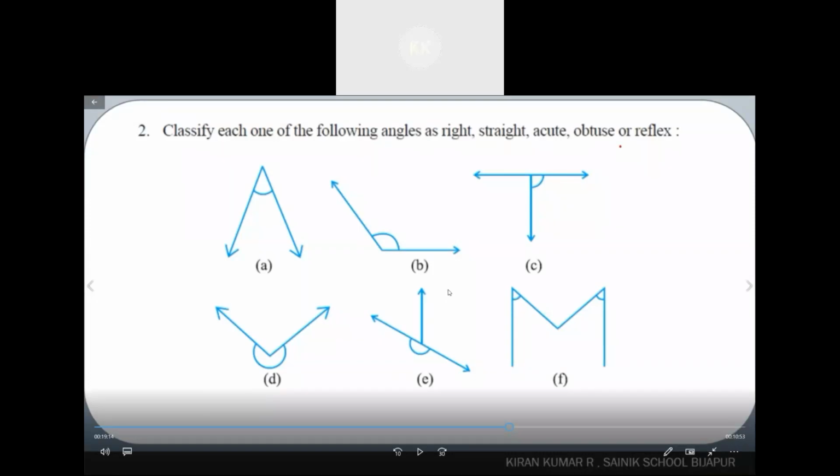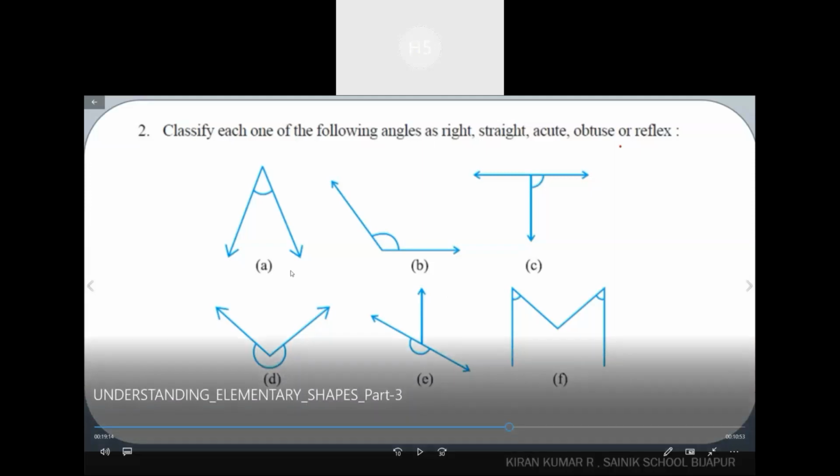A straight angle is 180 degrees. An angle of 90 degrees is a right angle, and 180 degrees is a straight angle. More than 180 degrees is known as a reflex angle.